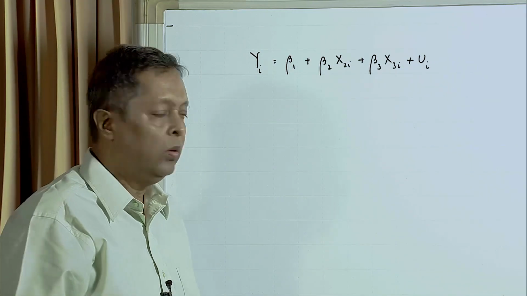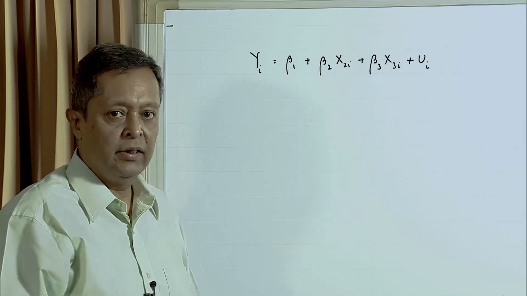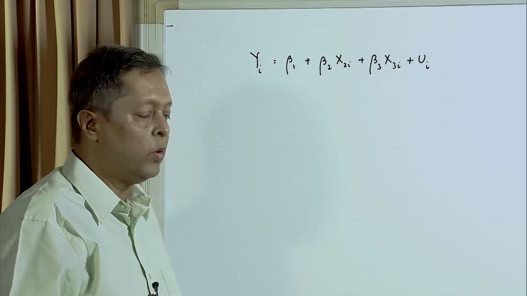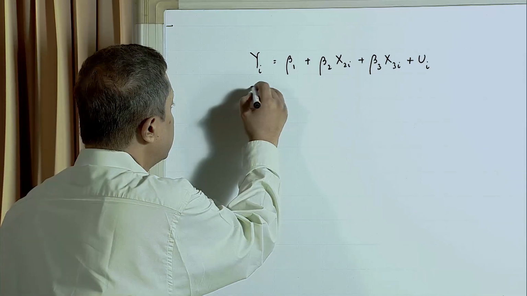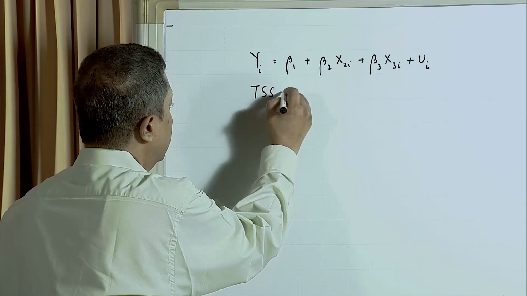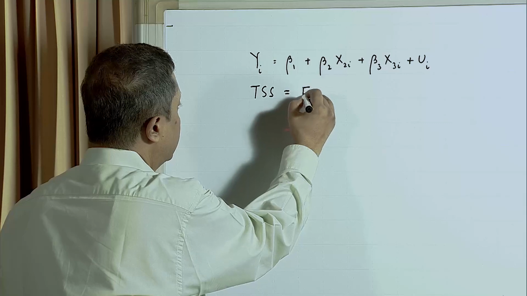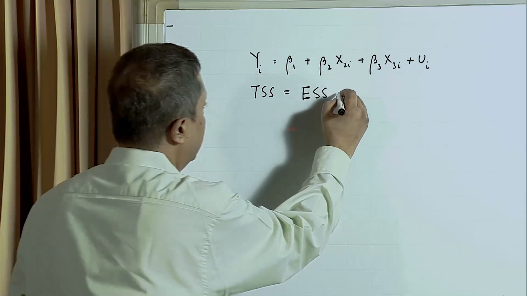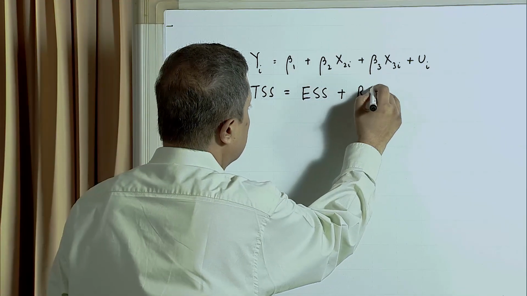We already know that after estimating this model, we can decompose the total sum of squares into explained sum of squares and residual sum of squares.